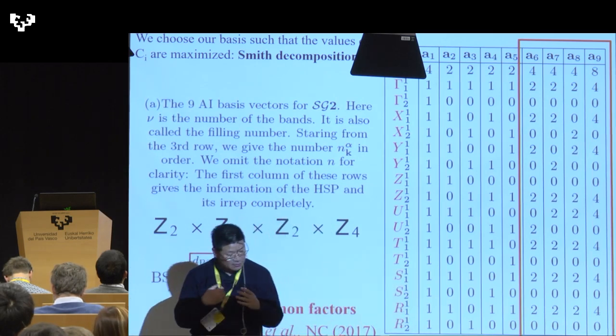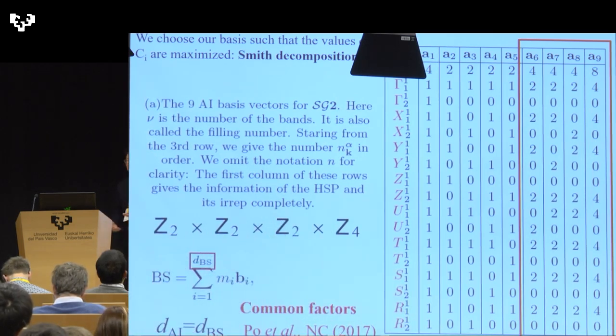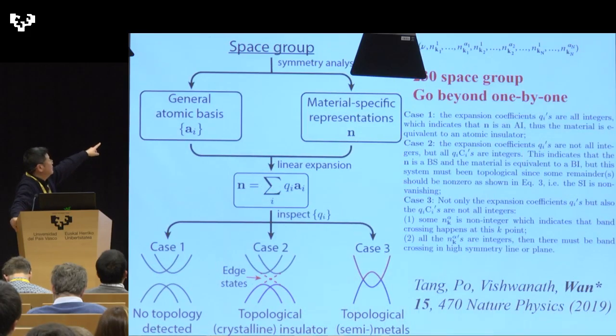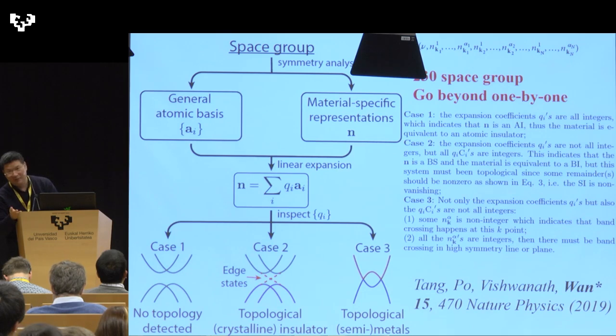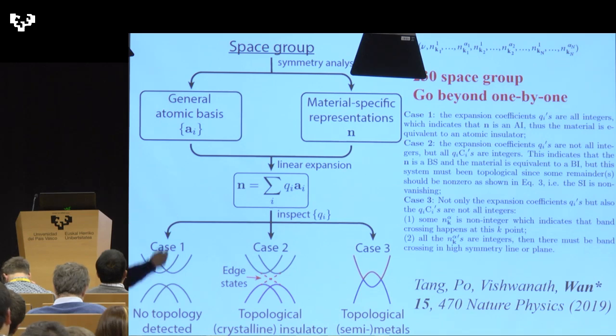And then we calculate any compound. So for example, we take a compound from the database or from wherever. If you have the compound, definitely you know the space group for that compound. There are in total 230 space groups.